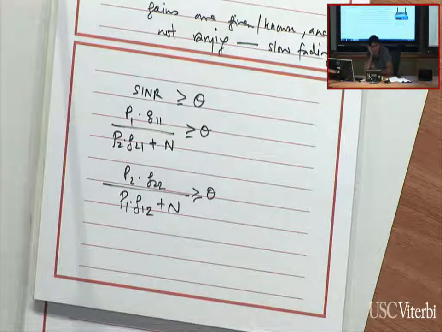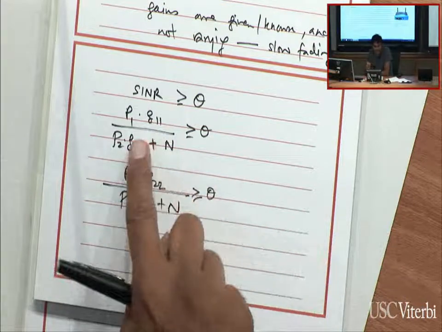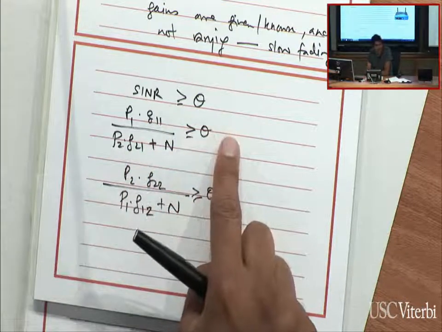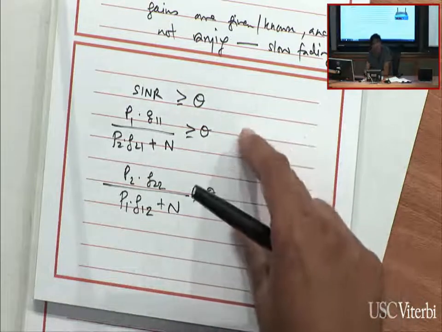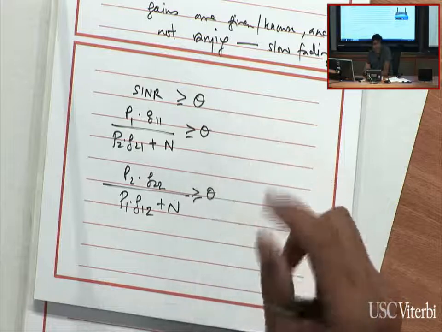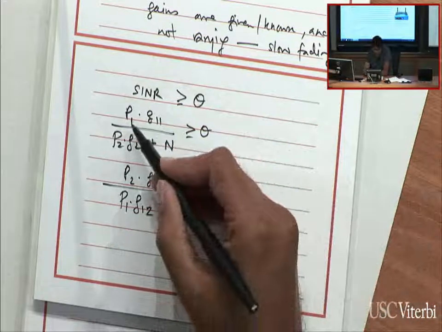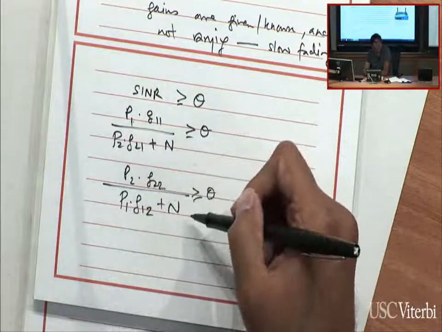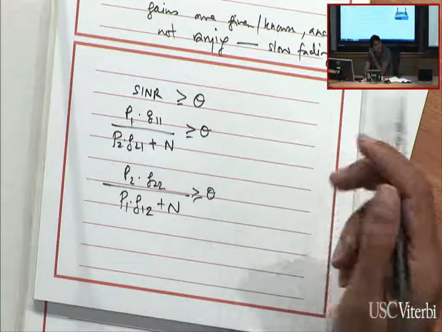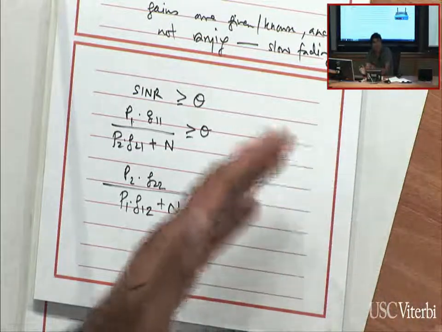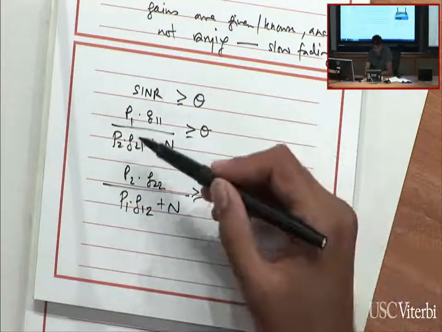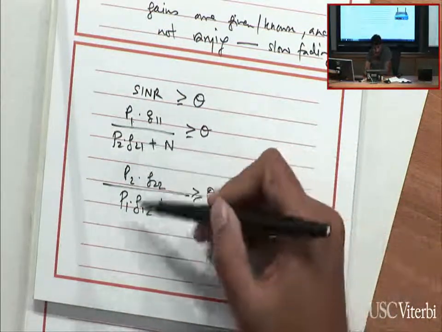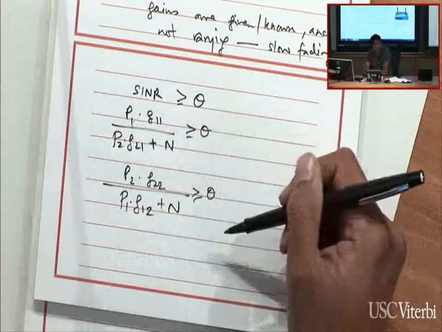If you write these out by multiplying the denominator out to the right-hand side, you basically have two linear inequalities. The region we're looking for is the choice of P1 and P2 such that both inequalities are satisfied. So long as certain conditions are met, there could be a solution such that at these values of P1 and P2, both conditions hold.